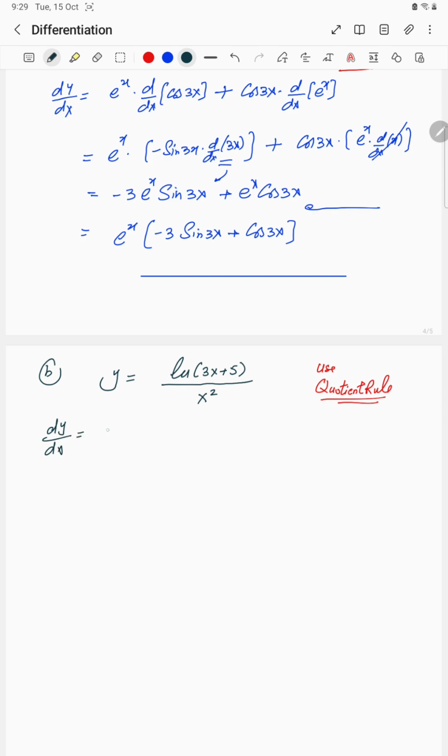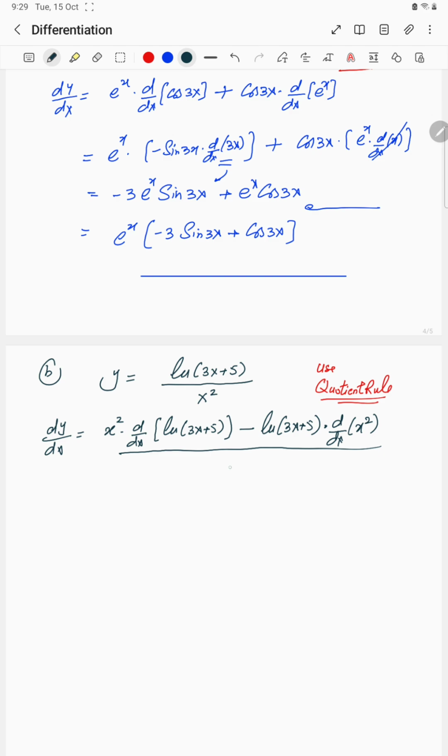So first write v as it is, times we need to differentiate with respect to x the log function, plus and minus, the question means minus here, natural log of 3x plus 5, the numerator, times differentiate only the denominator, and the whole divided by denominator square.